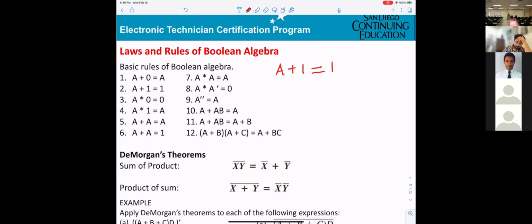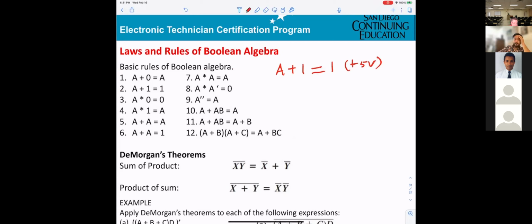In binary, when A equals 1, you're supposed to connect to where? Connect it to 5 volt. However, if it's 0, connect to ground.